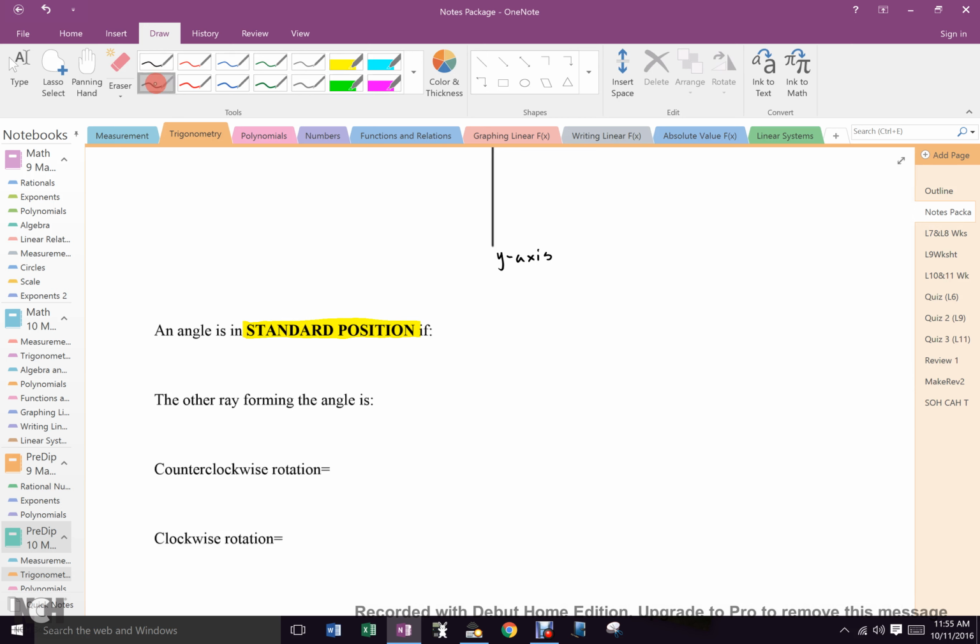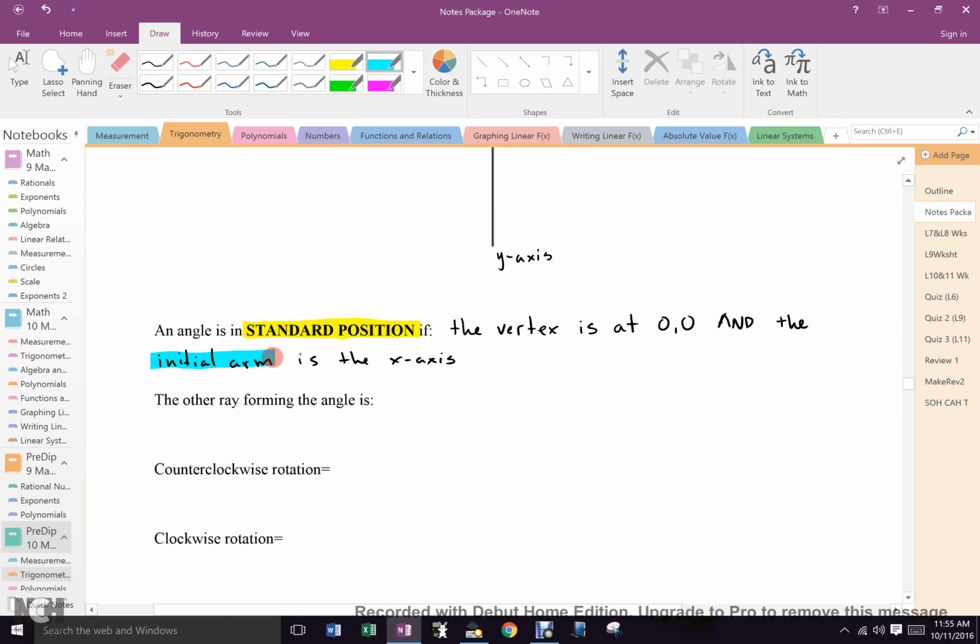If the vertex is at 0, 0, and the initial arm is the x-axis. Now, initial arm is a new word or a new term for many of you, I hope.